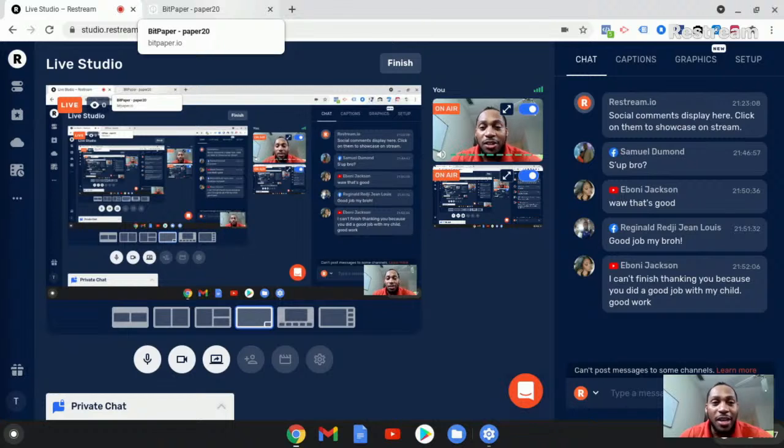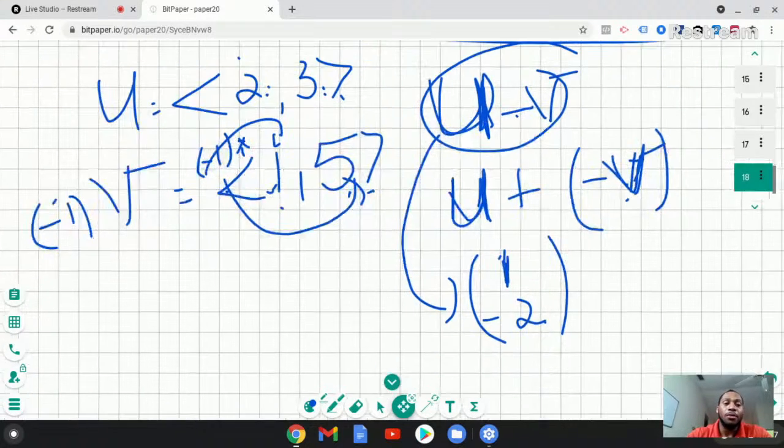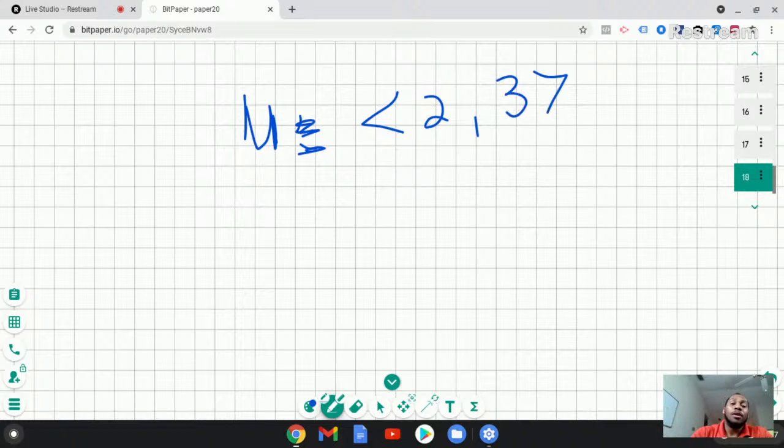Another thing I wanted to talk about with vectors is scalar multiplication. Let's say I have a vector U, and let's do 2, 3 again. What is 3U? It's exactly as it sounds.